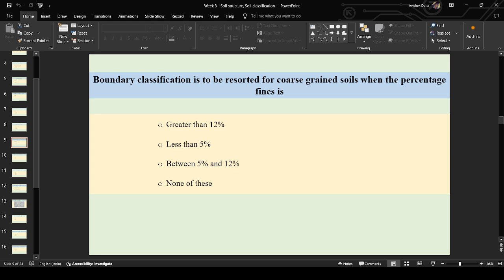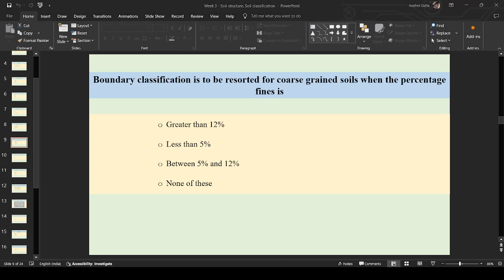I repeat the question. Boundary classification is to be resorted for coarse grained soils. Someone has joined now. I repeat, please write down the questions from the current one. I'll give you some time to solve them, and I will start discussing after a while.